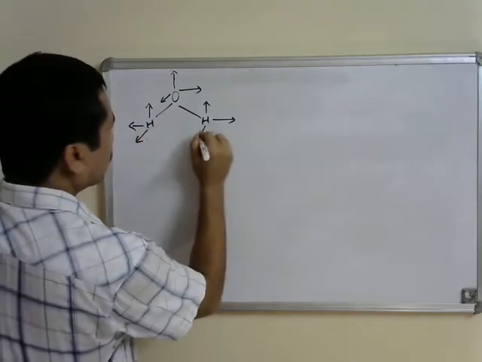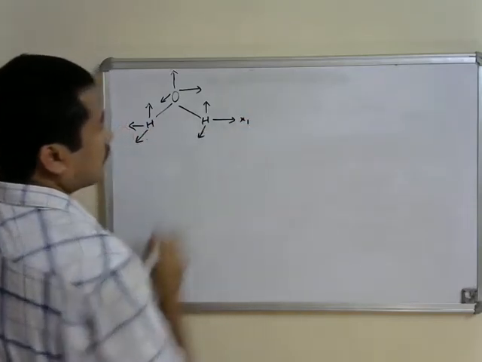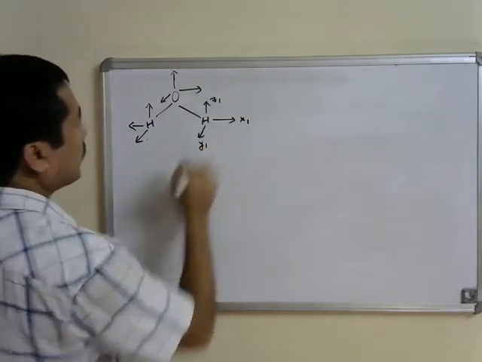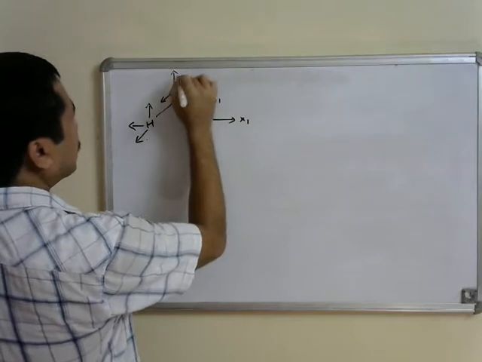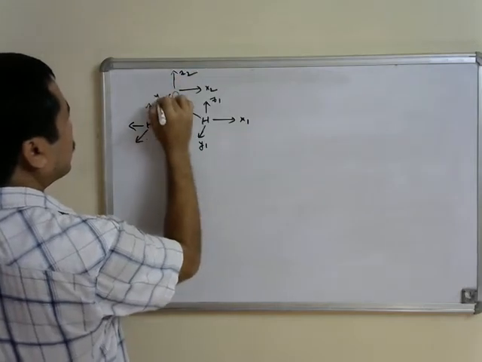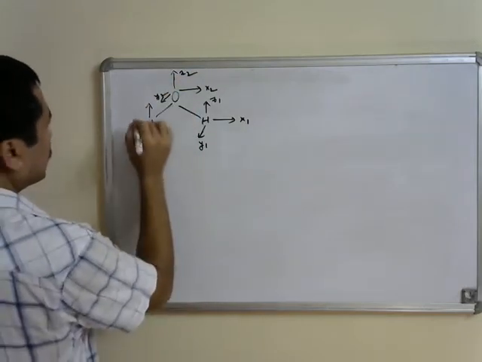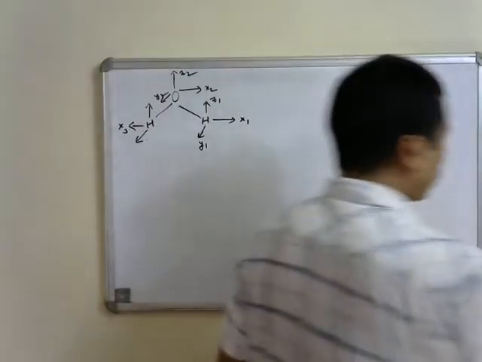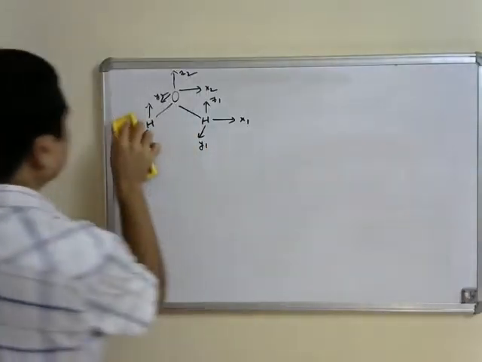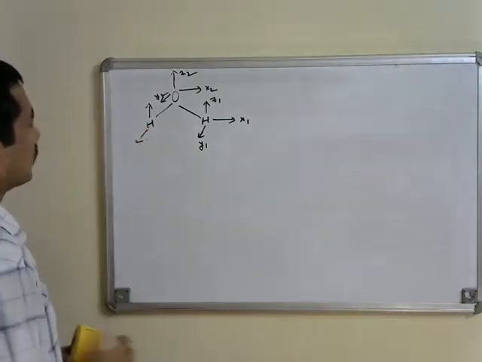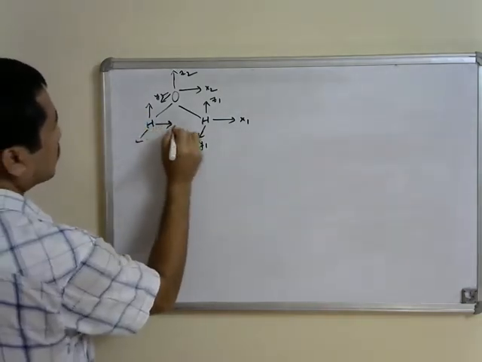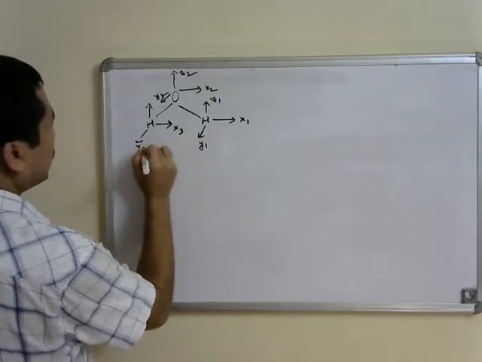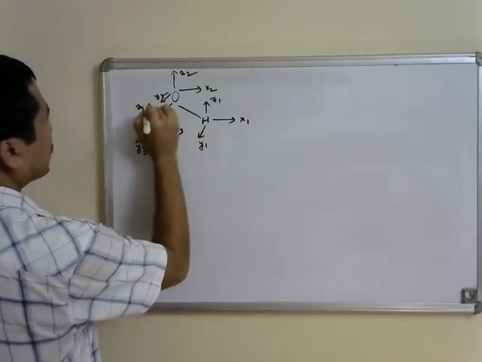let's call these x1, z1, and y1, x2, z2, y2, and let's take them in the same direction. This is x3, y3, and z3.